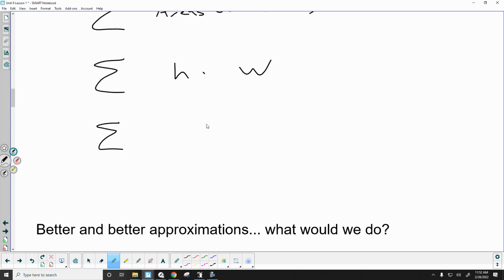The width is the change in x. What was the height? The y outputs, and the outputs came from plugging an x into a function. Cool? And we did n objects. To make it a little more specific, we want to tell them which x's you plugged in. You started from the first x and then went to the nth x.